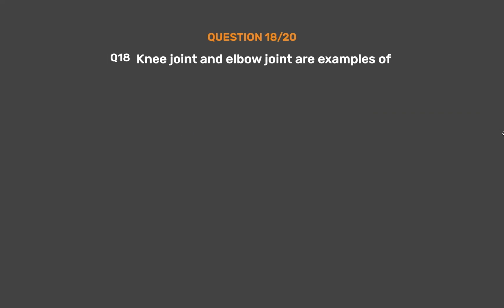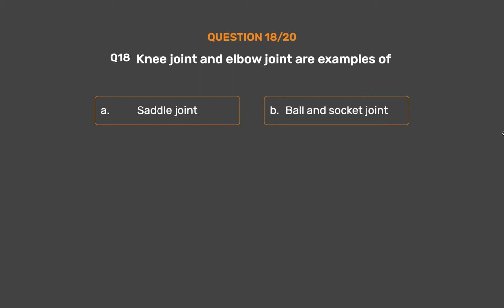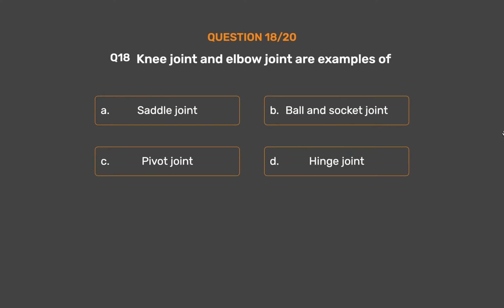Question number 18. Knee joint and elbow joint are examples of option A, saddle joint. Option B, ball and socket joint. Option C, pivot joint. Option D, hinge joint. The correct answer is option D, hinge joint.